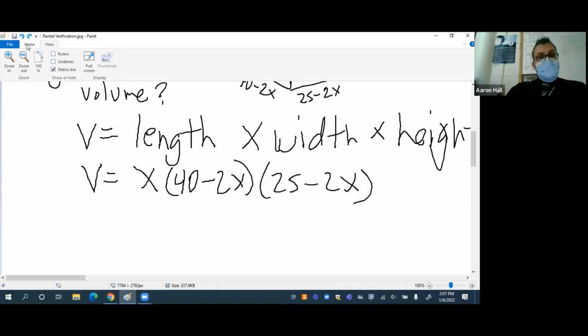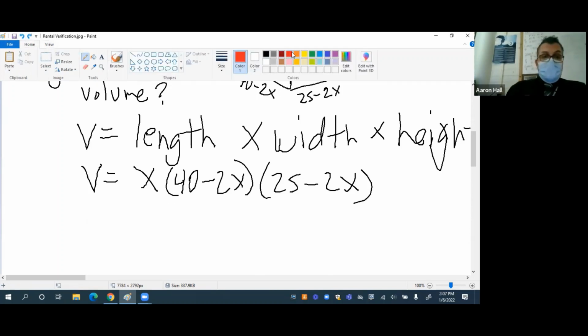So let's distribute. Right now I'm not doing any calculus at all. In fact, this skill you learned in probably 7th or 8th grade, the distributive property, and then again in secondary math 1.